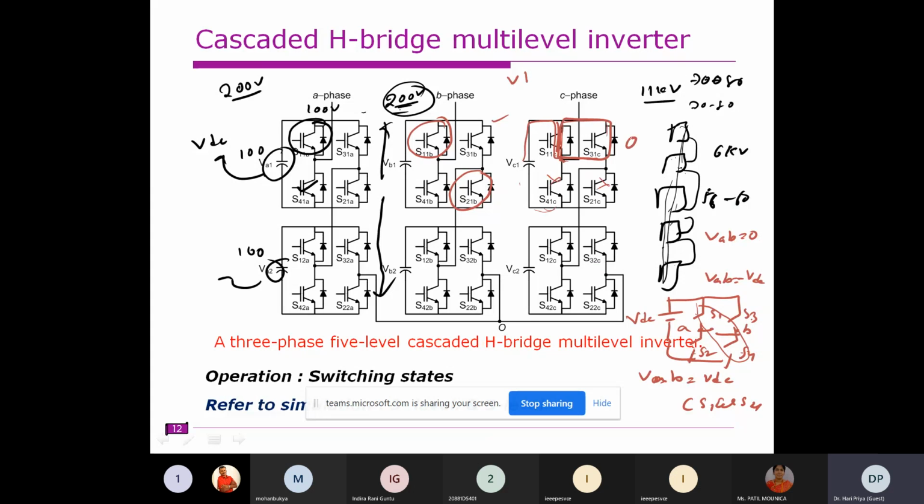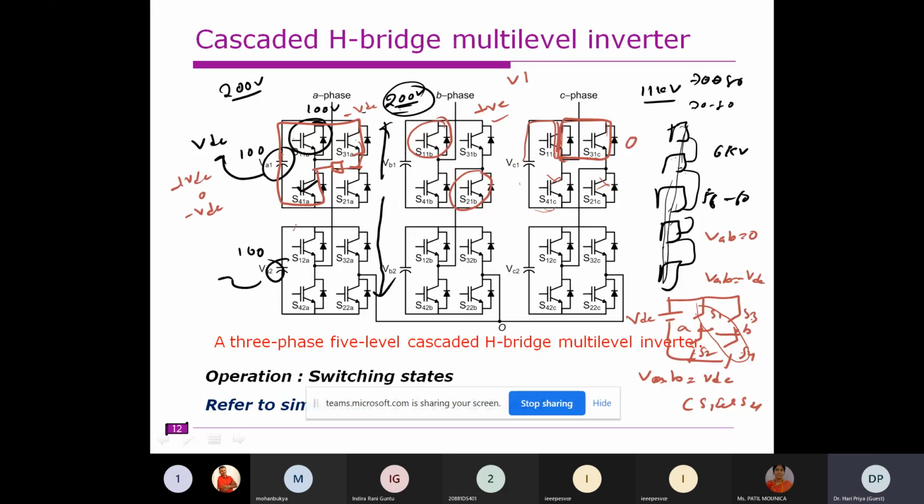Only this path is there. So in this case we get 0 volt. In this case you get plus VDC. If we turn on these two switches, there will be a path like this where you get minus VDC. That means every bridge has the potential of obtaining 3 levels: plus VDC, 0, and minus VDC.